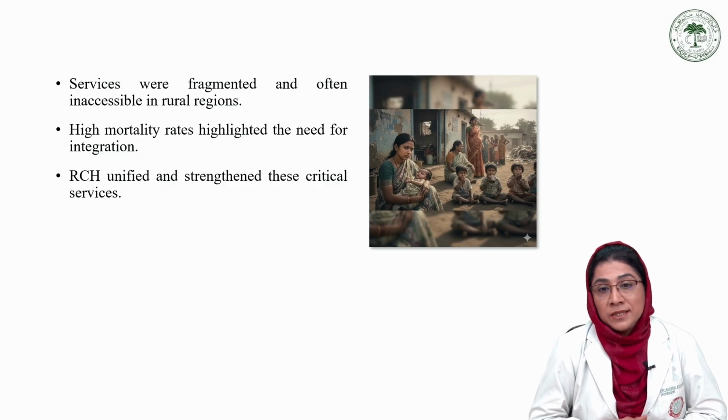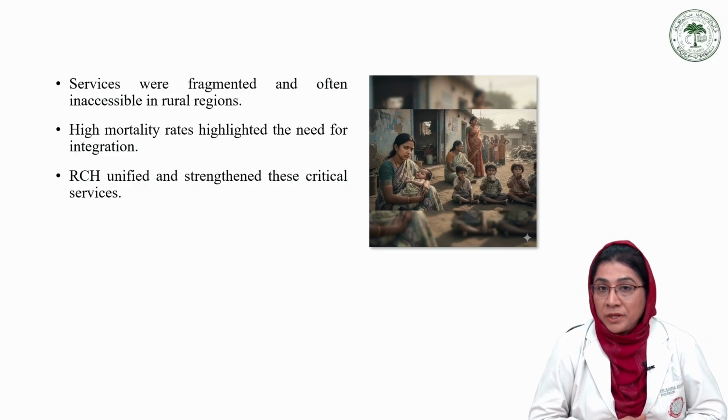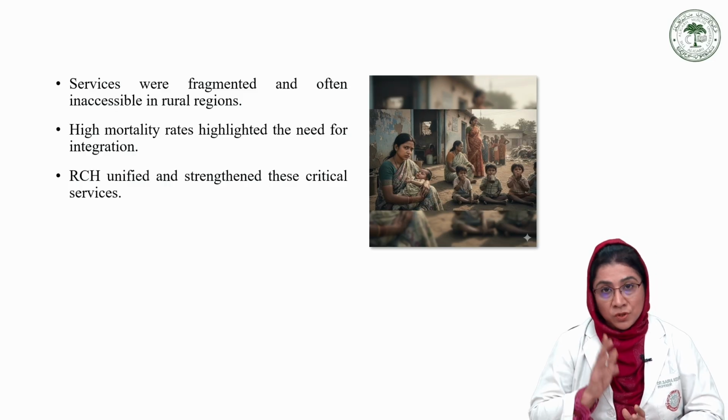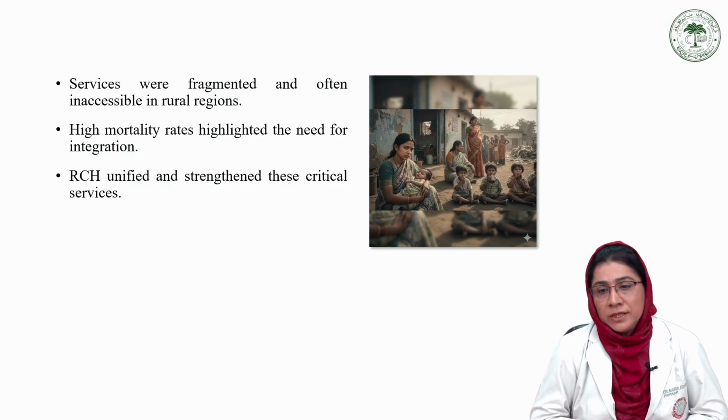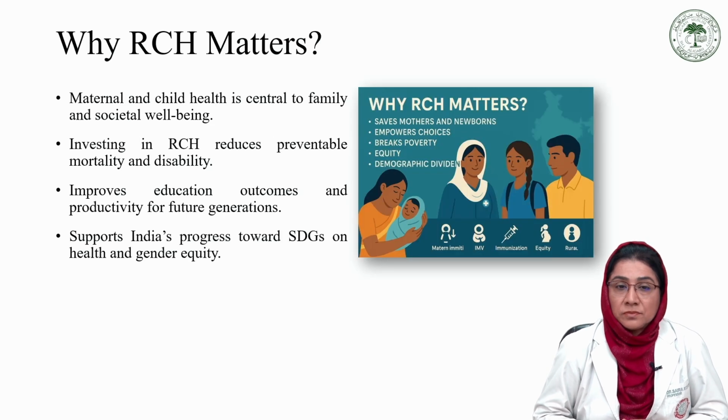Reproductive child health responds by integrating these services and strengthening frontline teams that link homes to facilities. This slide sets that context without going back into the detailed history you saw earlier. The key point is integration is the solution to fragmentation.